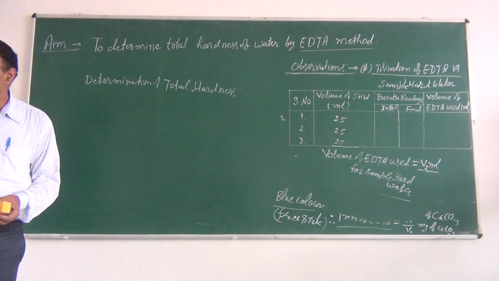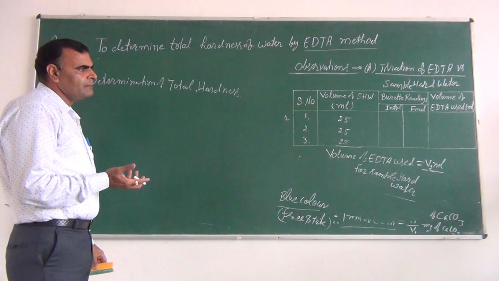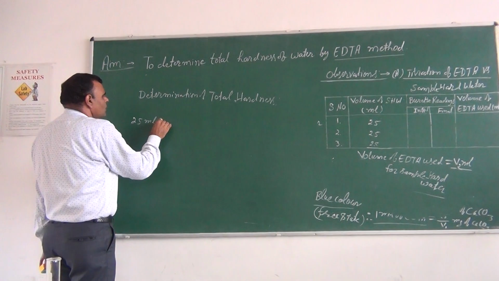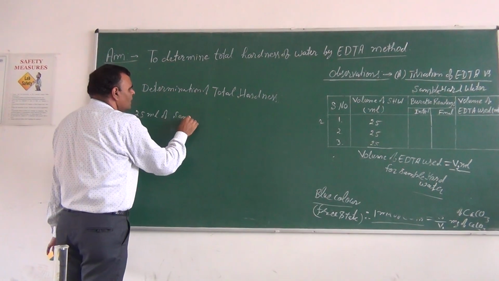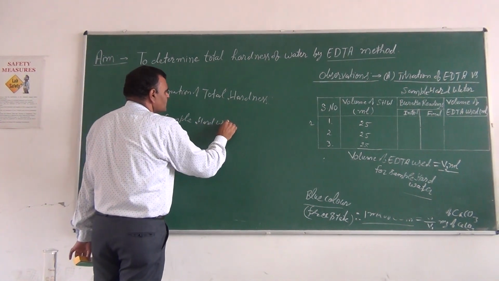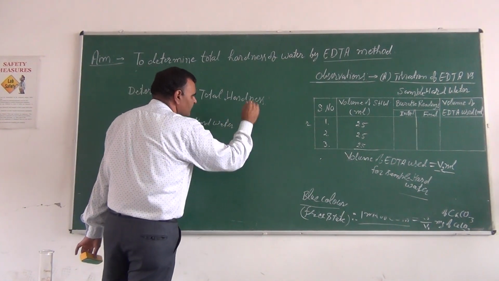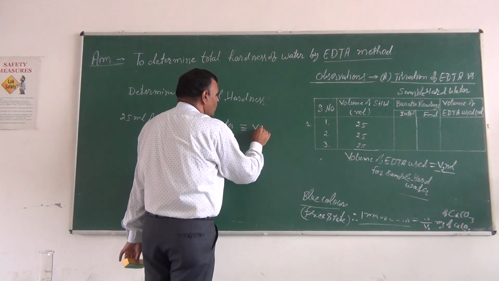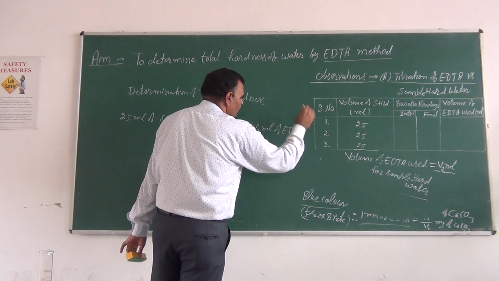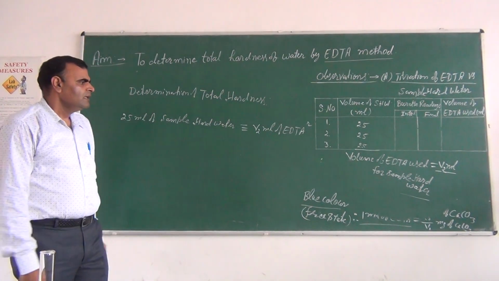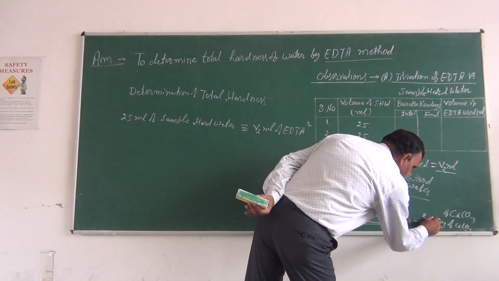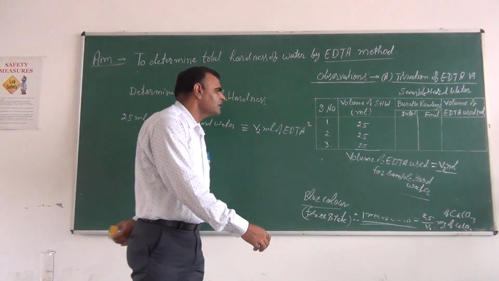So we have taken 25 ml of sample hard water. It means 25 ml of sample hard water is equivalent to V2 ml of EDTA, and we have calculated 1 ml of EDTA is equal to 25 by V1 milligram of calcium carbonate.